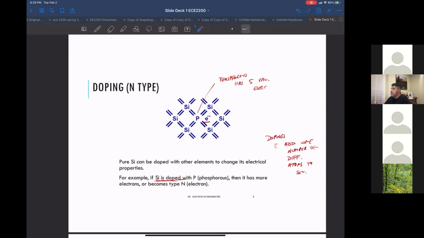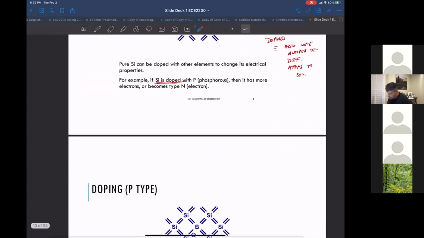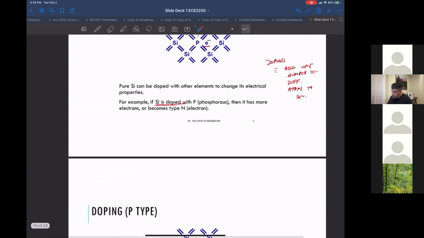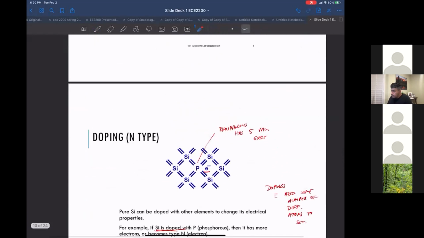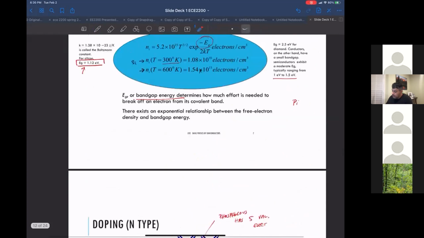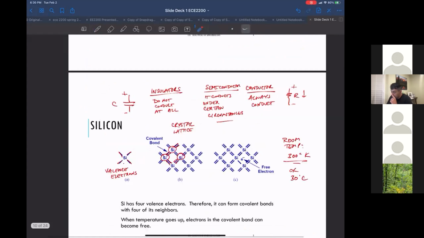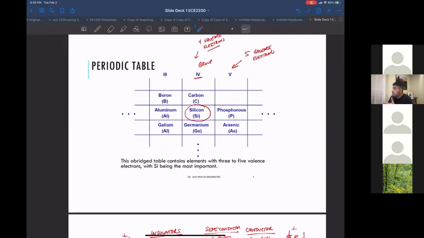So if you can put these dopants in, it's a way to get extra electrons built into your material. Okay, so that's this first approach. And then you could do the reverse. We said phosphorus is a group 5 element, so it has 5 valence electrons, so you'll end up with an excess of electrons.